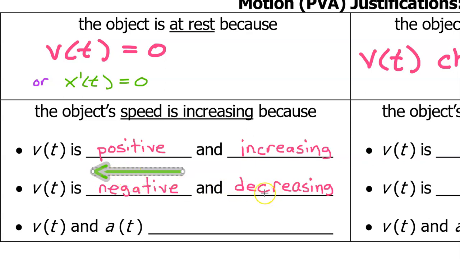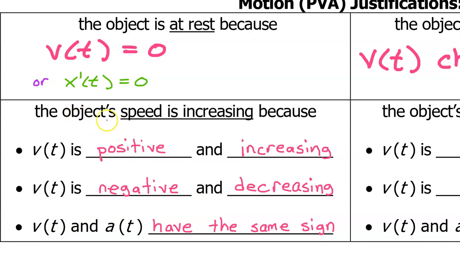So the velocity is decreasing, but you can tell that it is speeding up to the left. Negative 30 meters per second is faster than negative 10. It's just that it's all going to the left.